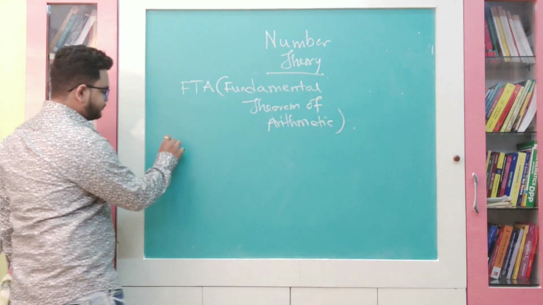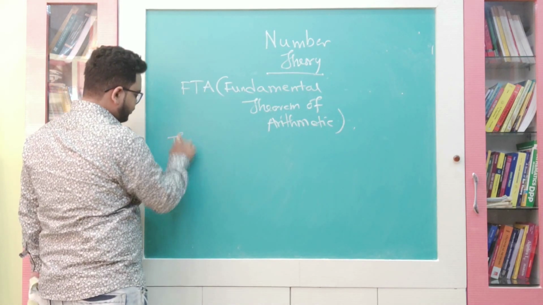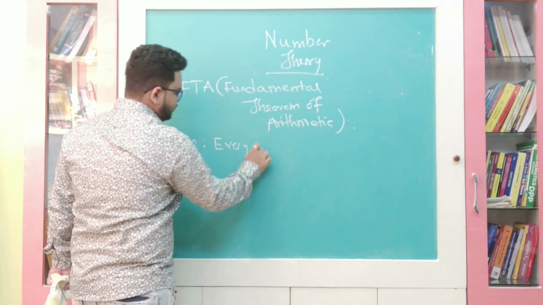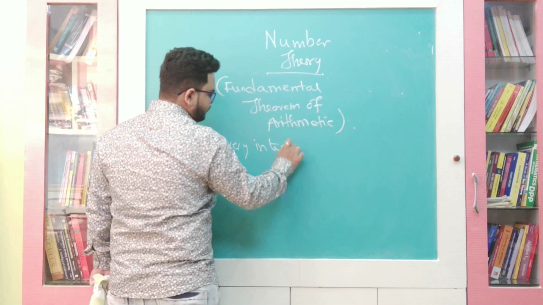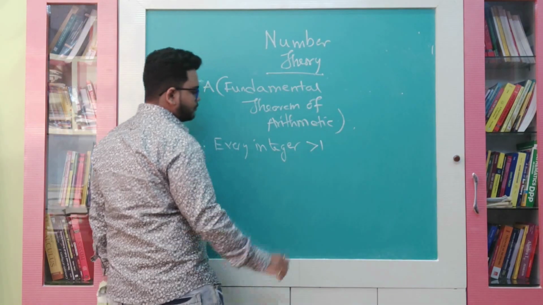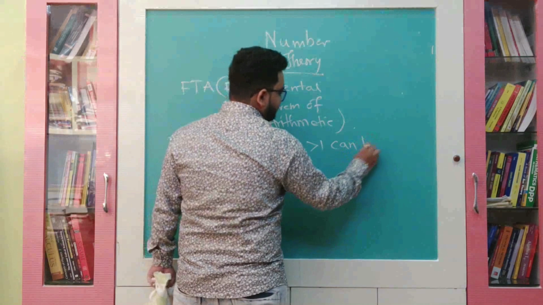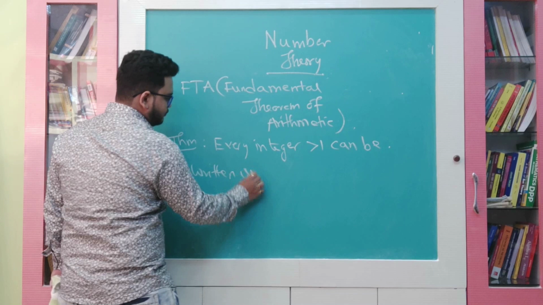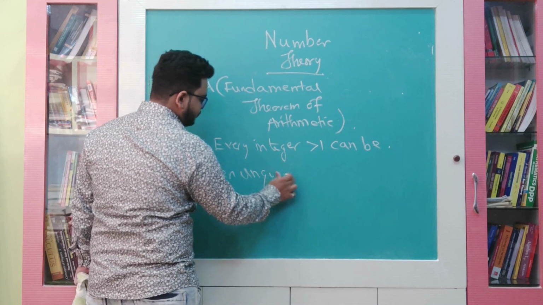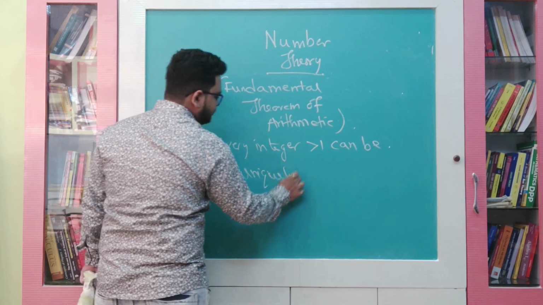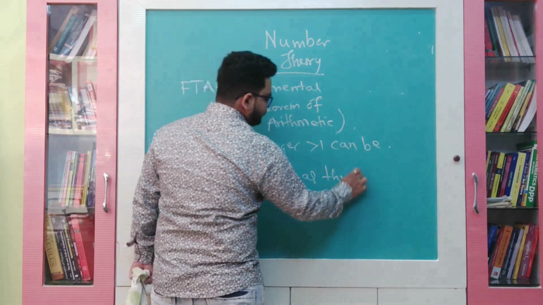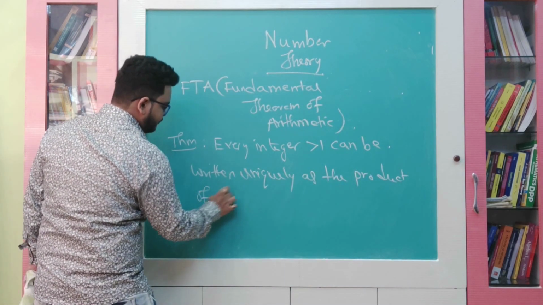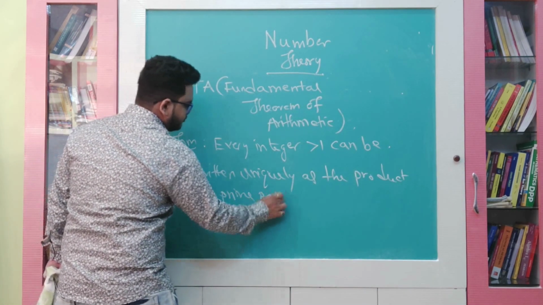It says that every integer greater than 1 can be written uniquely as the product of prime powers.